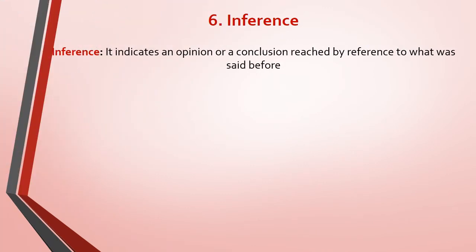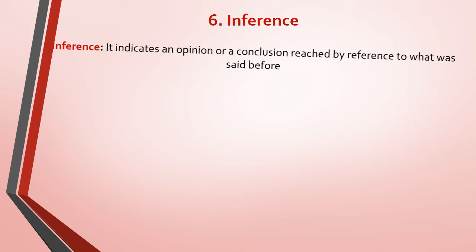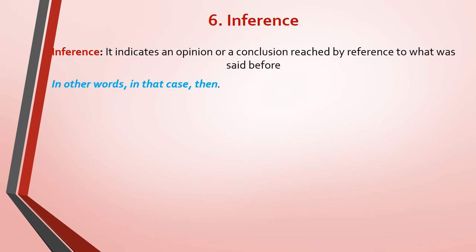The next relationship is called inference, from the verb to infer. To infer means to draw a conclusion based on logical reasoning. So this has to do with logical thinking. Inference indicates an opinion or a conclusion reached by reference to what was said before, by following logic.